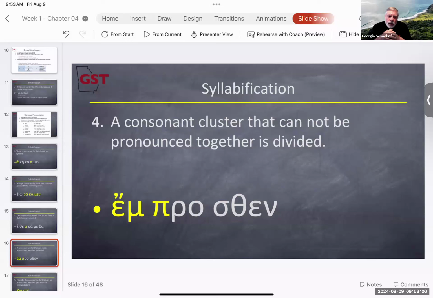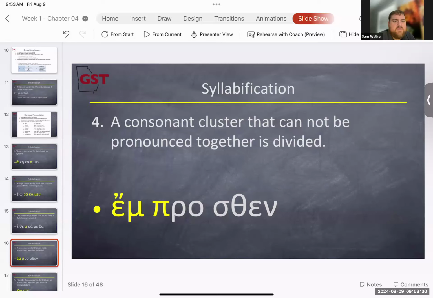So notice we didn't go back over the breathing marks. On the first vowel, this word begins with a vowel, and every time you have a word that begins with a vowel or diphthong, you're going to have a breathing mark. It's called a what? This one would be a smooth breathing mark. There's no change in its pronunciation at all.